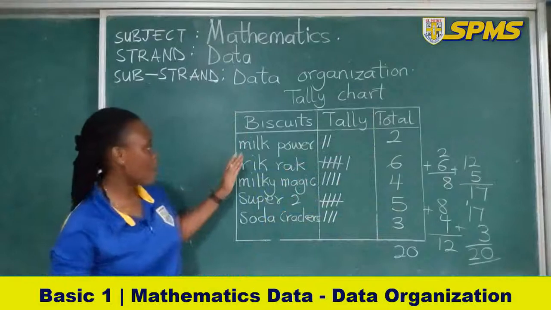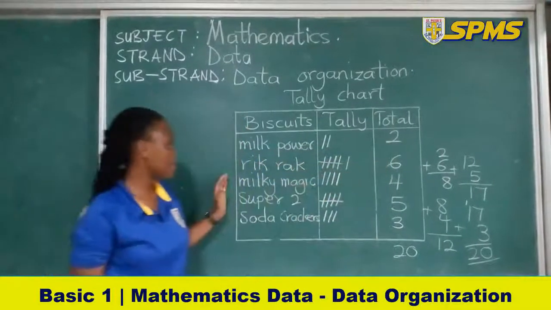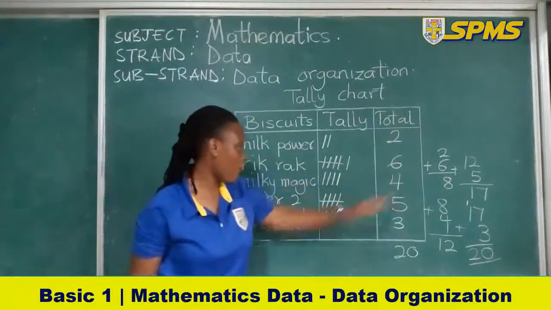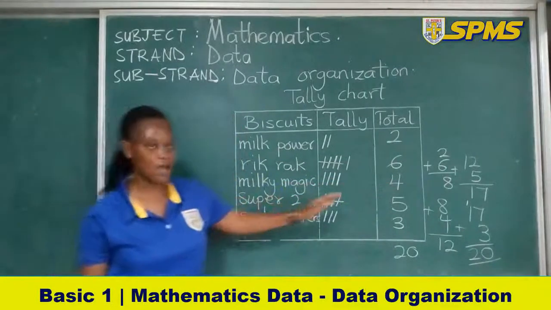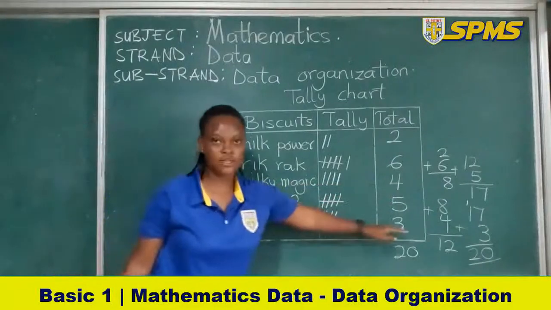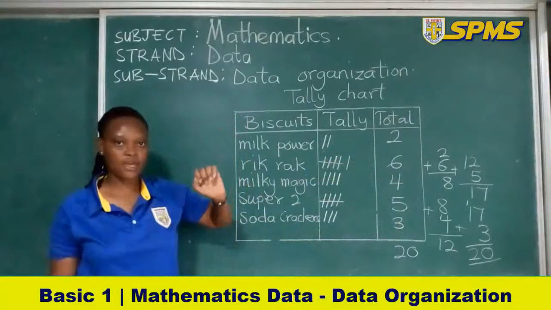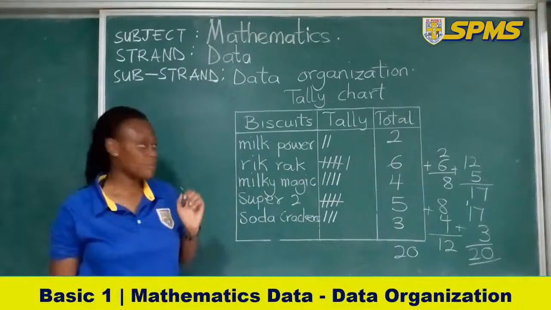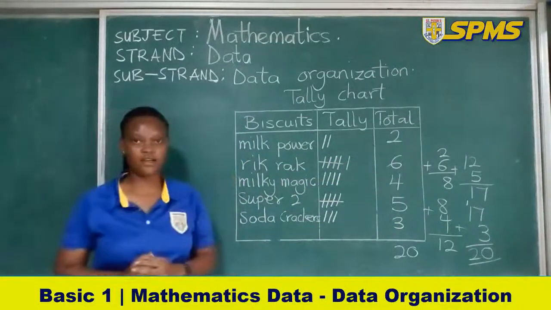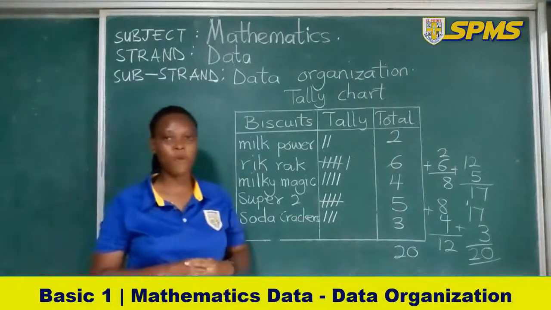So Milk Power has 2, Rick Rack has 6, Milky Magic has 4, Super 2 has 5, and then Soda Crackers has 3. So which of them do you think appeared most? Yes, Rick Rack biscuits appeared most.